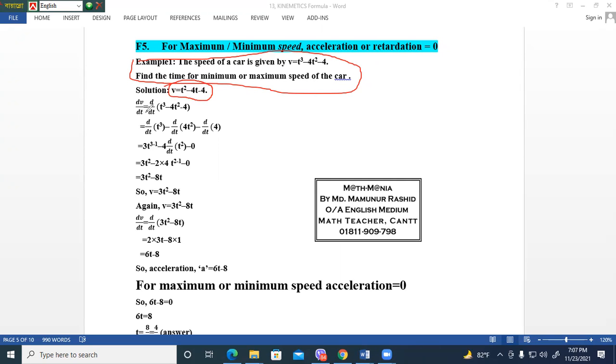To find the acceleration, you have to differentiate both sides, that is d by dt on the left side and right side. The result should be 3t square minus 8t. So a equals 3t square minus 8t.